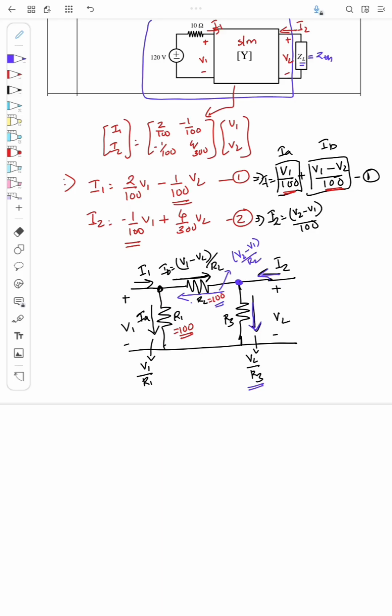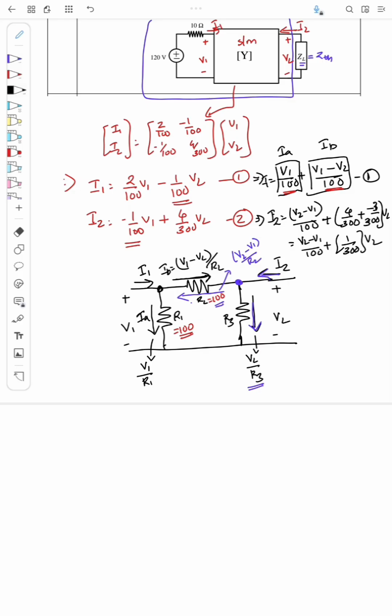So what will be the remaining term? That will be 4 by 300 plus minus 1 by 100, so that both relations are the same. I can multiply the term with 3 in numerator and denominator so that the denominator is the same. So 4 minus 3 is 1, so 1 by 300 V2.